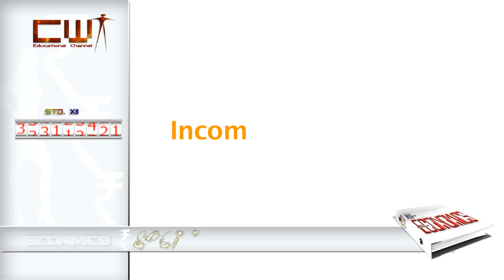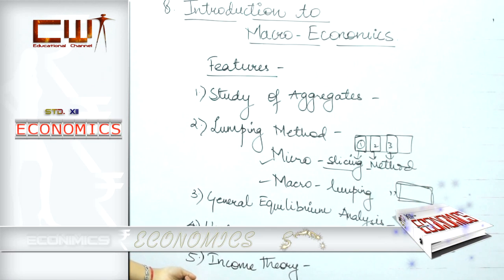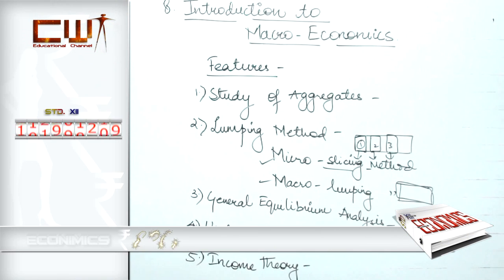Next feature of macroeconomics is income theory. The income theory is a major aspect of macroeconomic theory. A major task of macroeconomics is the determination of national income. Macroeconomics studies the factors determining national income and the causes of the trends in national income.